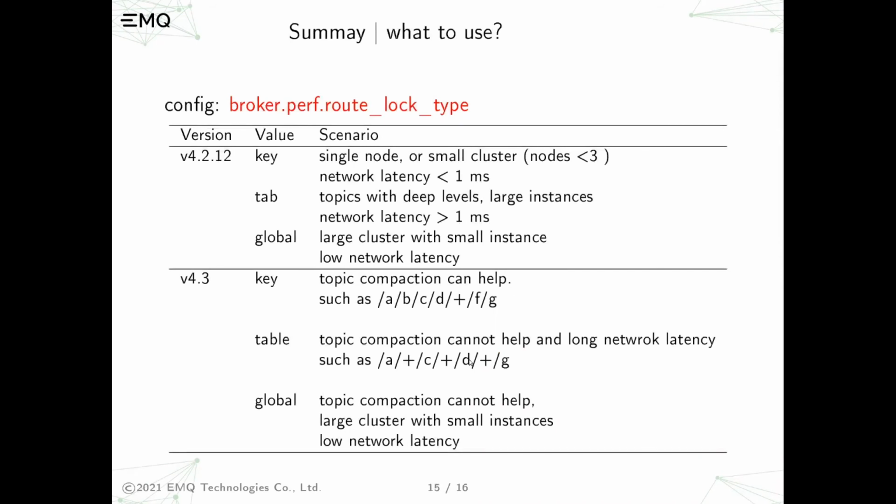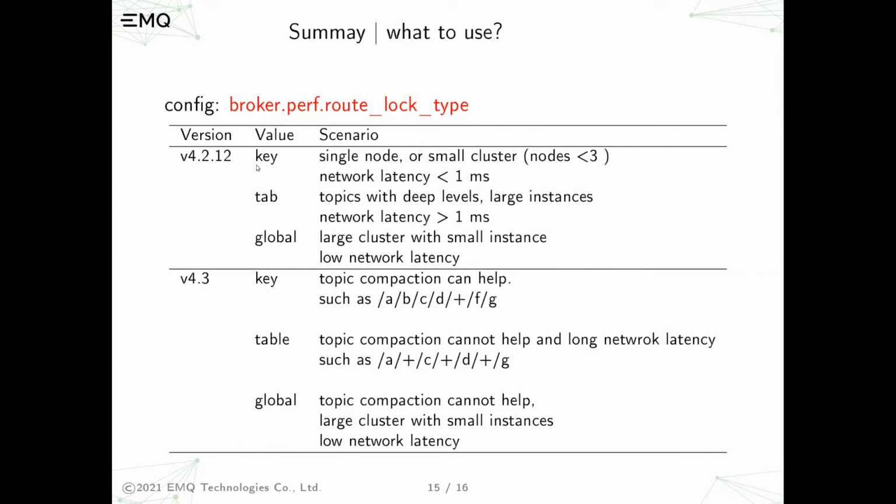Okay, to summarize what to use about this configuration, route log type. Since we only backport some of the picks to 4.2.12, it's ideal for single node and small cluster using the default key lock, which is the same as before.